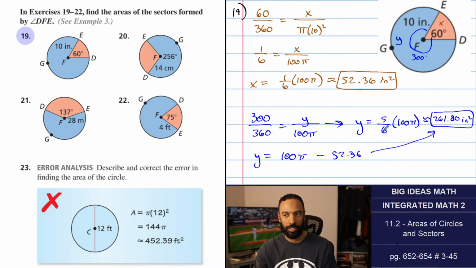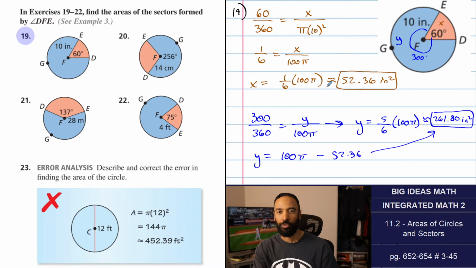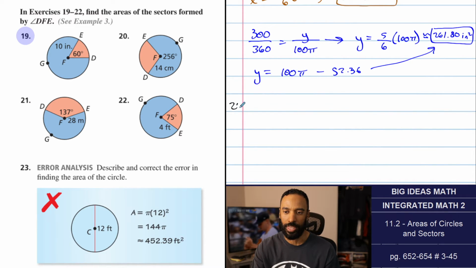I'm going to just take out the fraction, because the salmon and the blue are ultimately the entire circle. If we find the area of one, I'll subtract the fraction. If this is 1/6, this will be 5/6. If this is 3/7, I'll make it 4/7, if the fraction is nice and clean. All right, let's go to number 20 with that in mind.